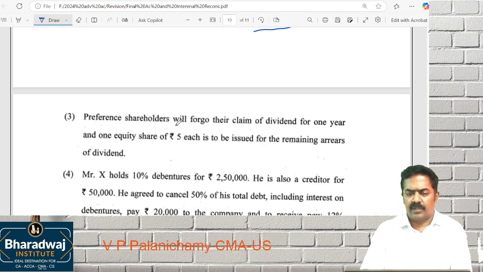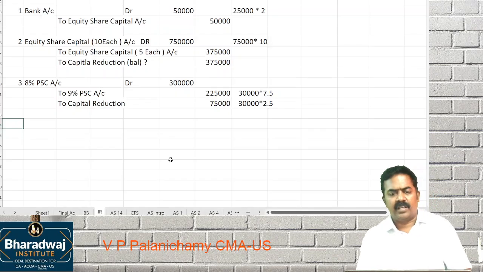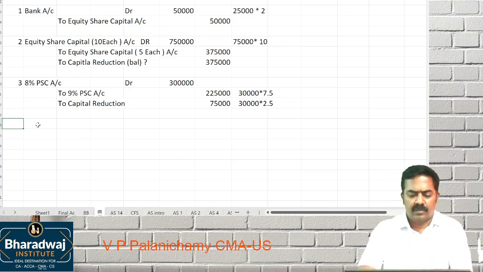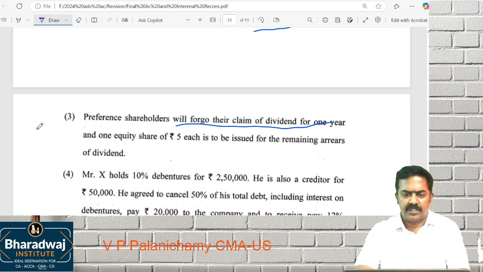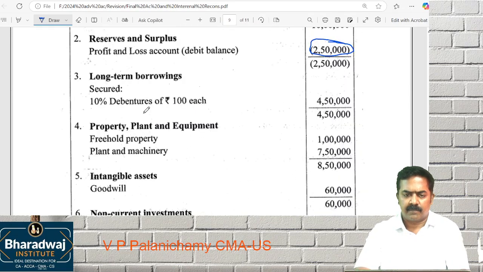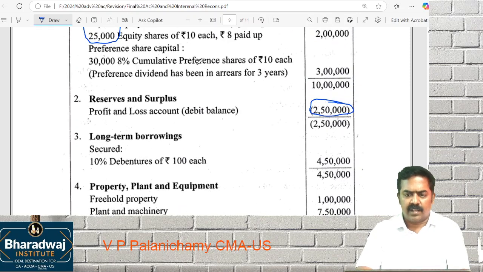Preference shareholders will forego the claim of arrears of dividend for what? 1 year. They forego 1 year. Is it recorded as a liability in the balance sheet? No. So what is the entry you will pass? Capital reduction account debit to equity share capital account. What are the preference share arrears? Old arrears: 3 lakh into 8%.